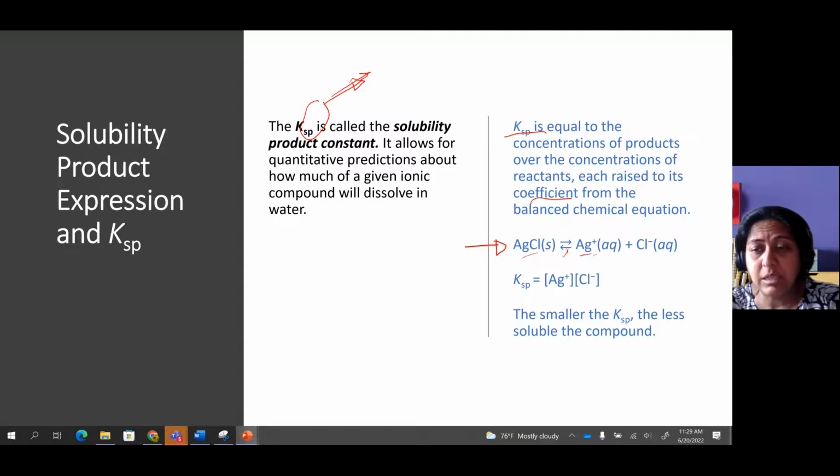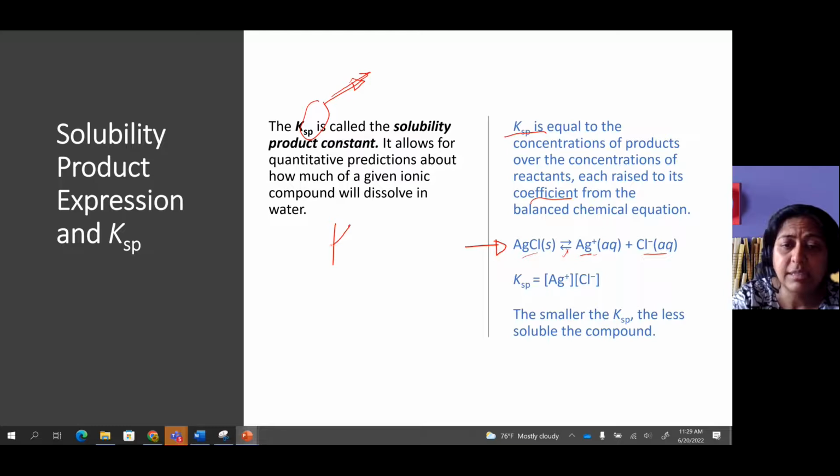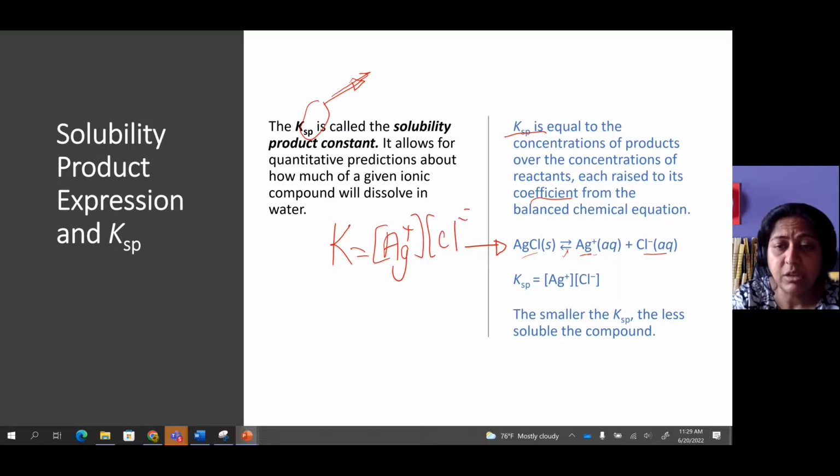It dissociates into silver plus ions and chloride minus ions. So how do we write the equilibrium constant? The equilibrium constant equals the multiplication of the concentrations of the products divided by the concentration of the reactant.